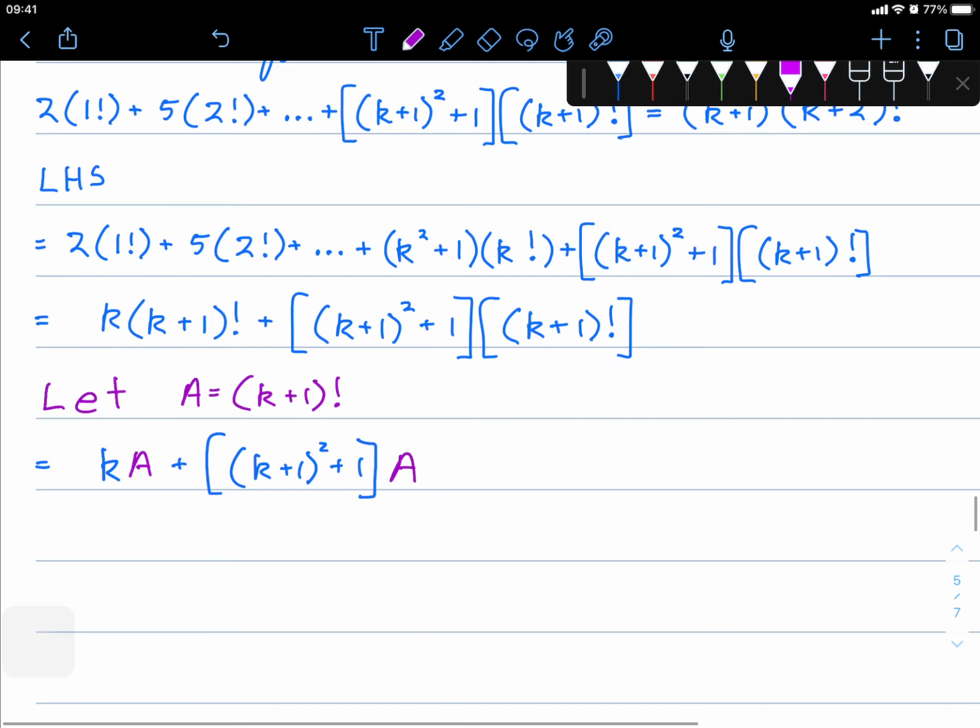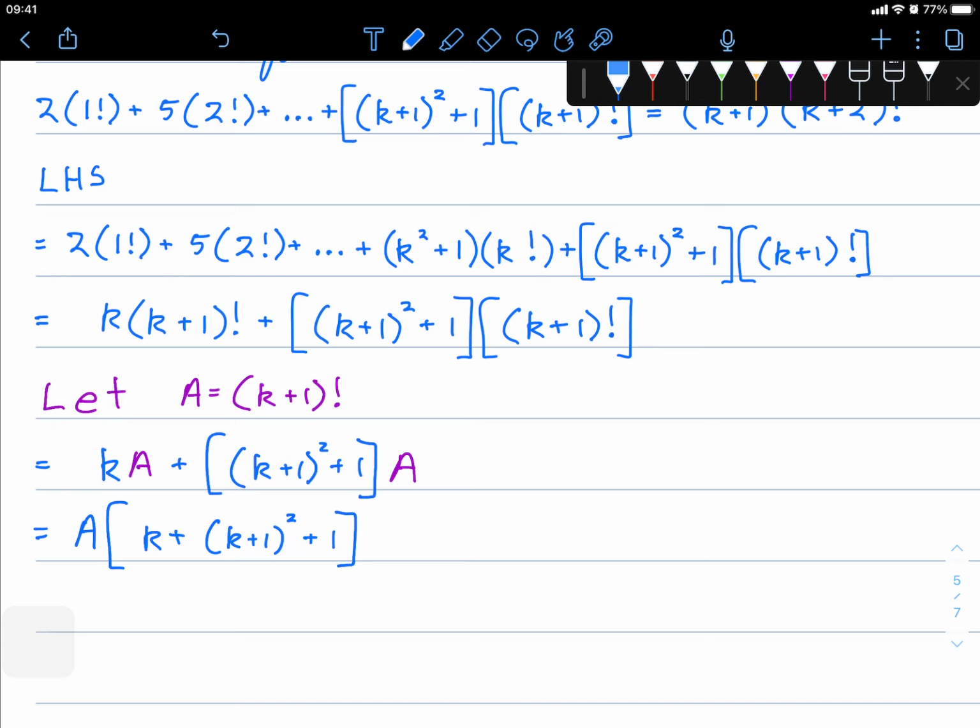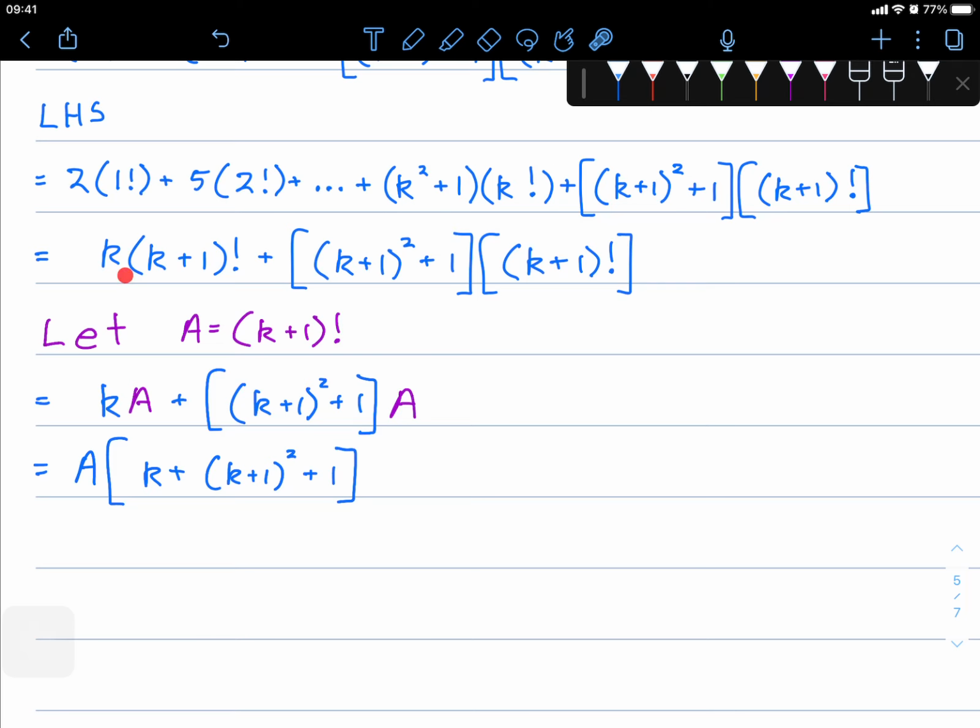Because of that, I can make this factorization. I'm going to make a outside of k plus 1 squared plus 1. So I'm factorizing this expression out, so both of these are going to be factored out.